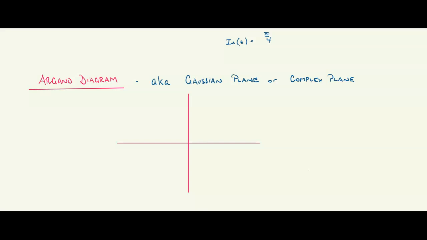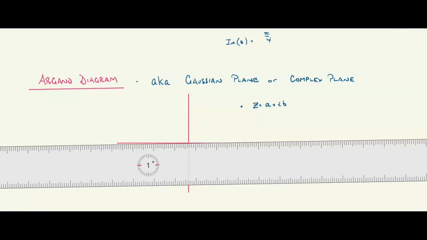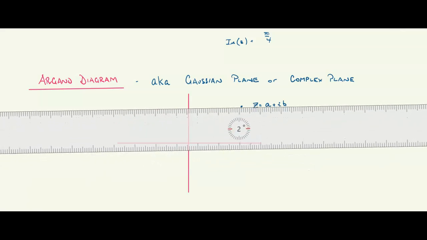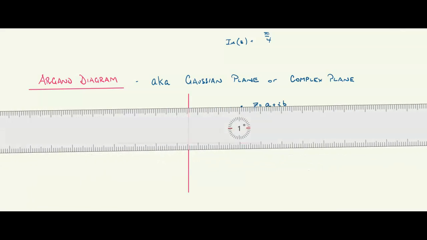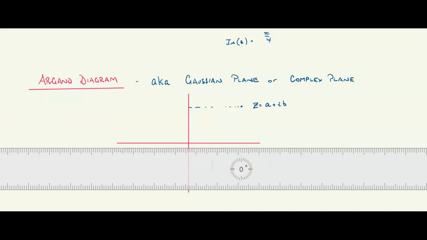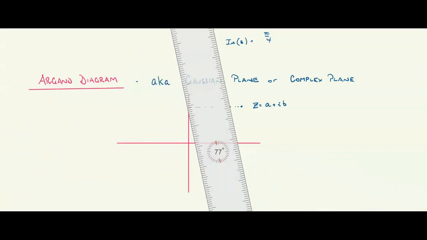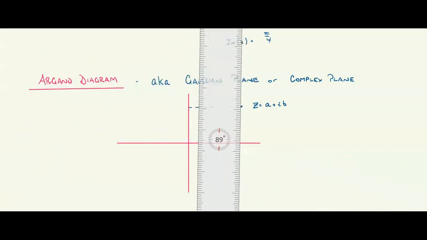It's a pretty simple idea. We're going to represent this complex number z, which we have already been introduced to in general form, a plus ib. That's going to be a point here on our plane that matches up with our imaginary axis, which is our vertical axis, and our real axis, which is our horizontal axis.